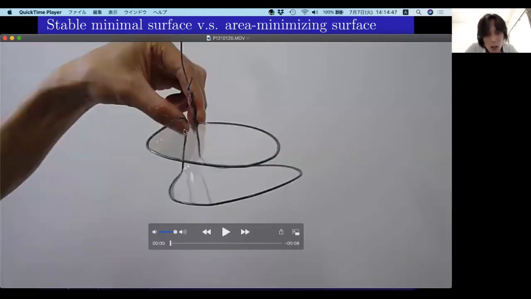Now we consider this wire frame. Two circles are connected by a tiny neck. Now you see the soap film, this horizontal plane and horizontal plane, connected by this neck. So this is one stable minimal surface. But then I will deform this surface.